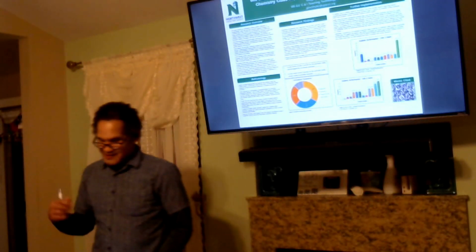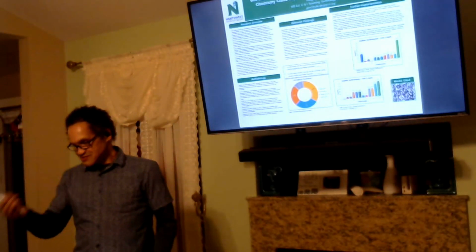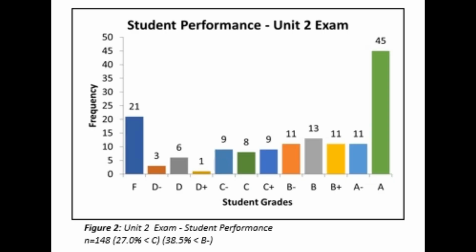Additionally, I used student exam scores from Unit 2 exam and Unit 3 exam. The Unit 2 exam had occurred just prior to the implementation of some of these POGIL methods. And though they're two different units, I wanted to look at the proportion of students coming across the success line. So reducing my number of failing students and moving more students into that A-B range.